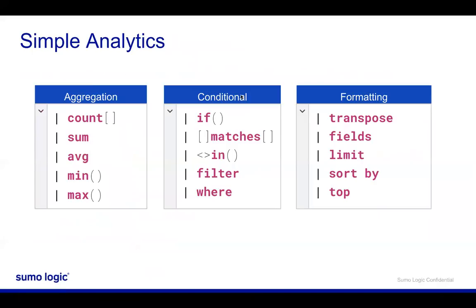From a conditional perspective, you have the if, you have matches, you have the in operator, filter, the where. From a formatting perspective, a few obscure ones, but in general, the ability to transpose, to turn a list into a table, to hide the different fields that you're wanting to put in your results, to limit your results by X number of results, to sort, to show only the top 10 or the top 15.